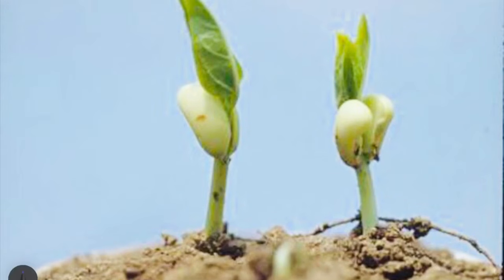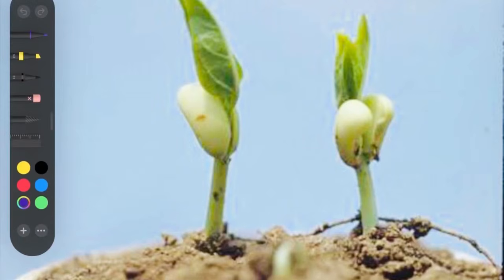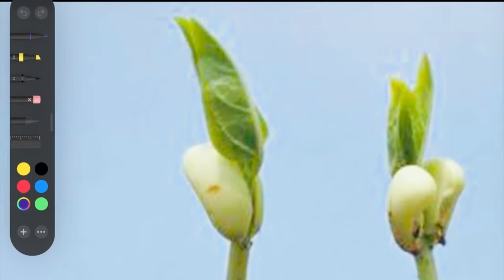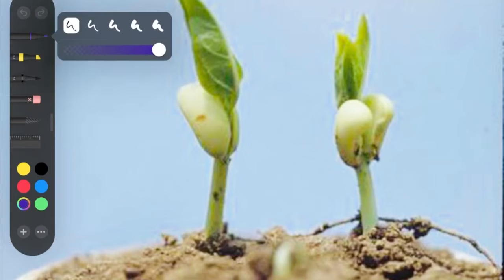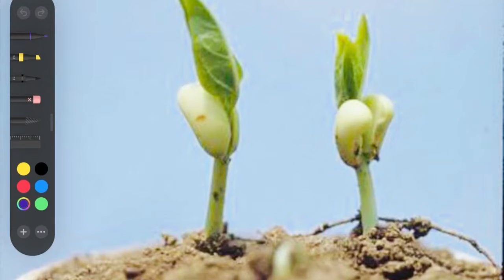All we have been answering. Over here they now say to label. Remember, in this case we have the parts. Here below the cotyledon, or first of all, these two seed leaves, one is now called cotyledon. Same thing here, that's the cotyledon.